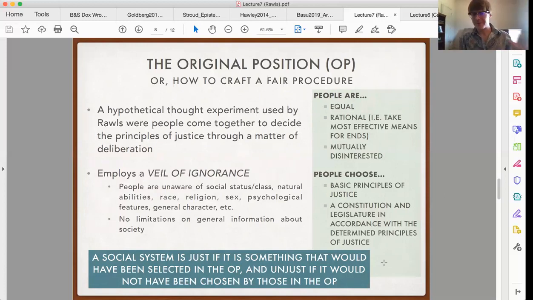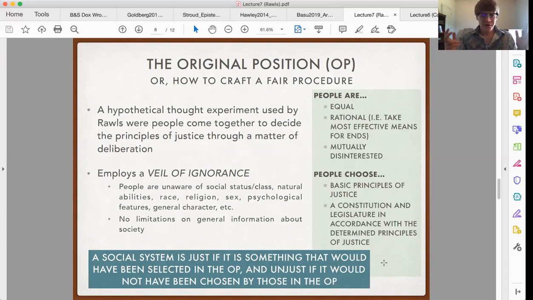He wants to talk about a thought experiment, right? So this doesn't actually happen. Nobody actually does this. But the idea is that if we were to do this, this is what we would choose, and given that we would do that in that kind of scenario, that makes a claim about how things work in the actual world.